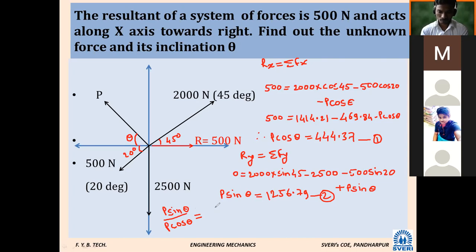How much is it? 2.82. So this is the value of tan theta, no? Yes, sir.